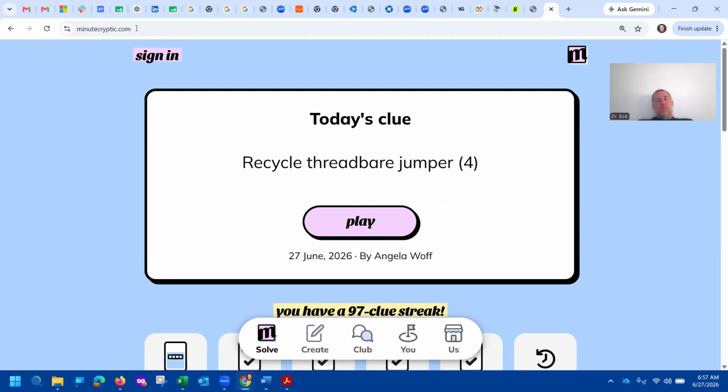Hmm, four-letter word. Well, a jumper, in electronics at least, is a wire. I don't see how to get wire necessarily.